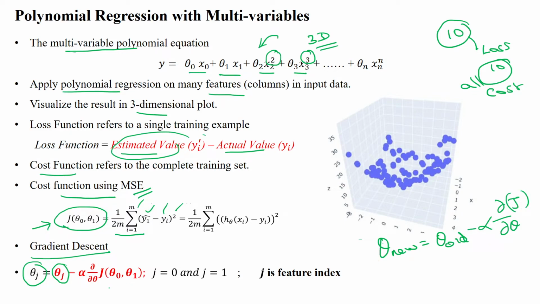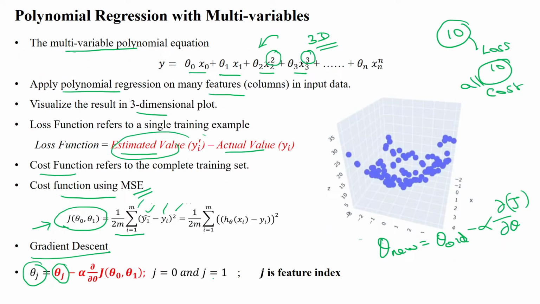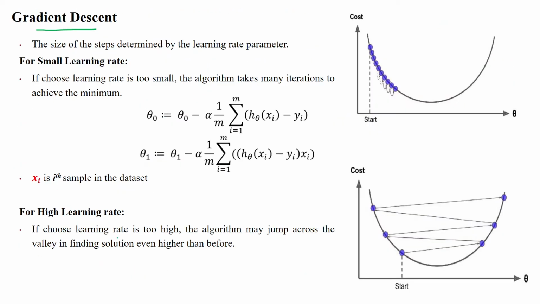Since we have many theta values, we apply this to theta 0, theta 1, theta 2, etc. Alpha is the learning rate. We can apply a small or a bigger learning rate. A small learning rate will reduce the error step by step until reaching the global minimum.